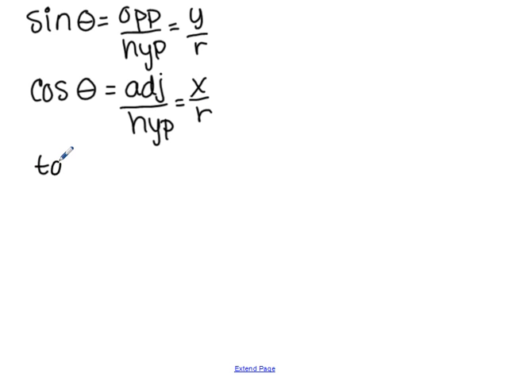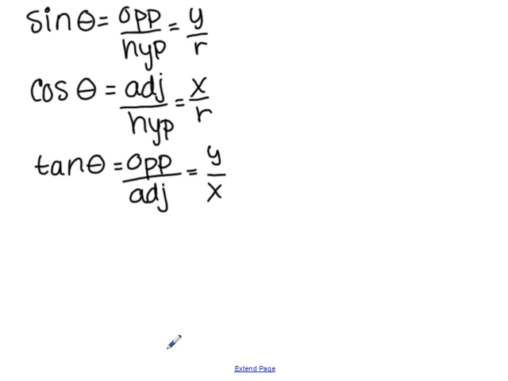Tangent. Tangent is opposite over adjacent. So opposite is y, adjacent is x, so y over x. Again, the special condition is that x cannot be 0.